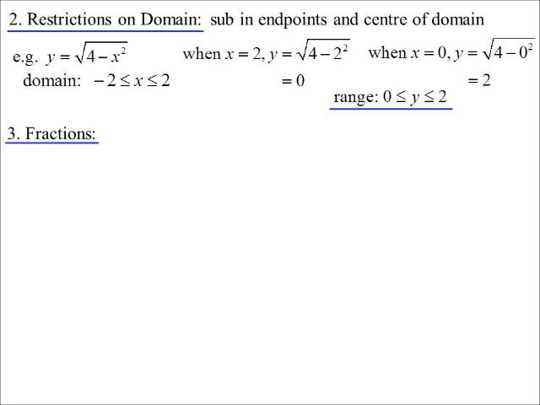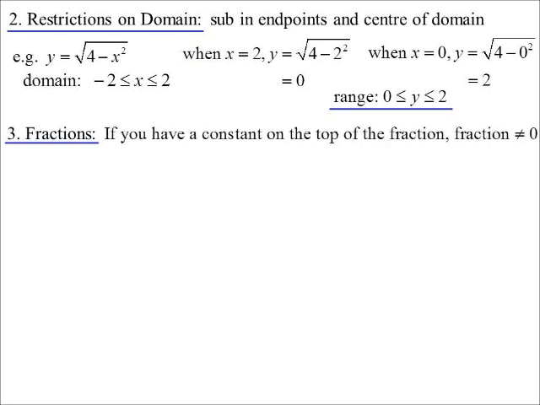Fractions, how's that going to affect range? You cannot divide a constant by 0. Right? We know that. So if you have a constant on the top of the fraction, the answer can never be 0, because y divided by something is never 0.